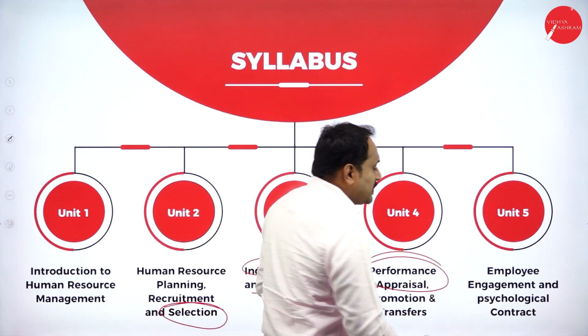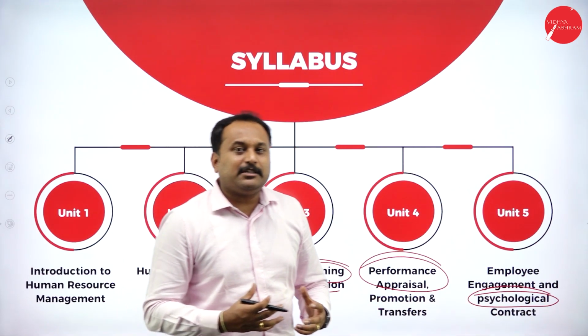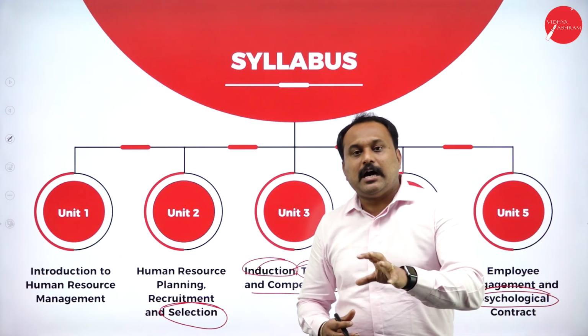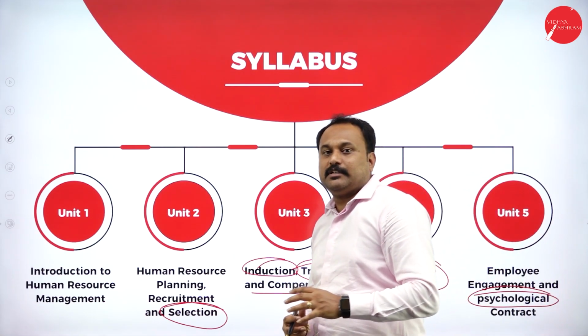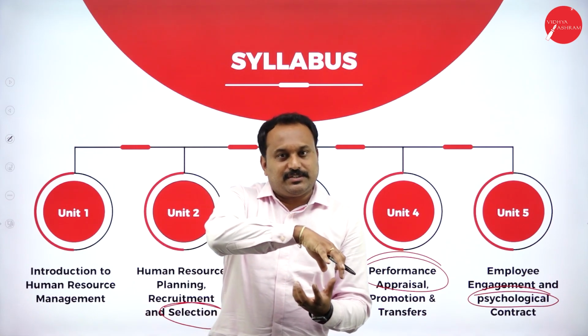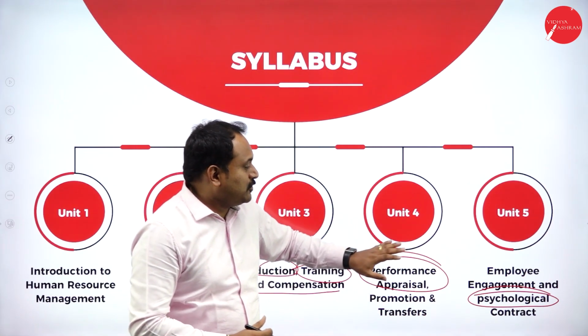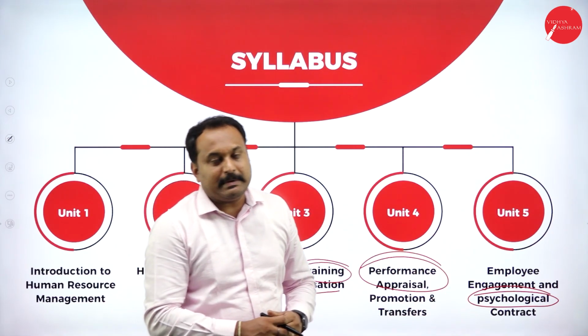Now here, if you understand psychological contracts, human resource management is very easy for you. See, humans are heterogeneous. To understand each and every person, how his behavior is, how their attitude changes, how their perception changes, one should always go with the psychological aspects of human resource management.